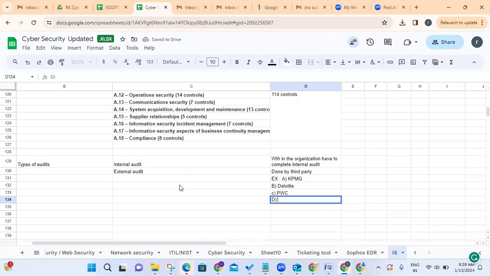Next one is EY, Ernst and Young, also from the USA. Next one is NCC Corporation, from the UK. Next one is Lloyd's, from the UK. There are so many, but these are all very famous third party external auditing companies.